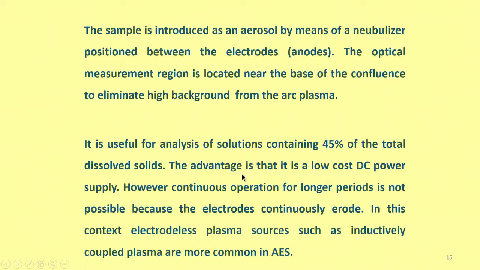Okay. So, the advantage is a low cost DC power supply can be used for continuous operation, but unfortunately, that is not possible because the electrodes continuously erode. If you take two electrodes, you bring them nearer and nearer, an arc will strike. Okay. So, after some time what happens?